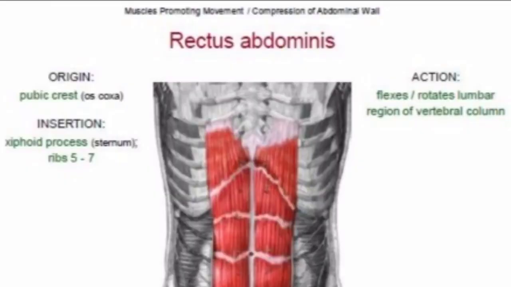The action is to flex the lumbar region or the vertebral column. External oblique here, and the action is to flex or to rotate the vertebral column or to compress the abdominal wall.